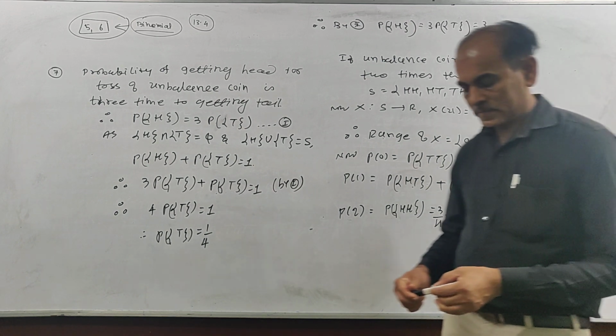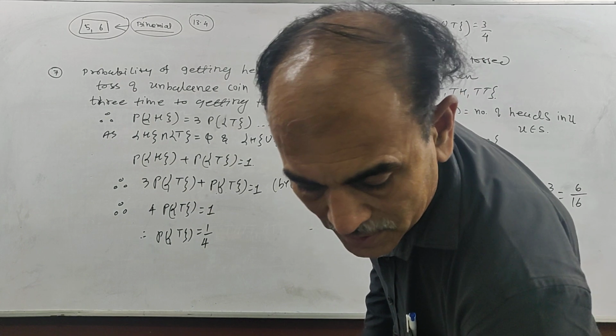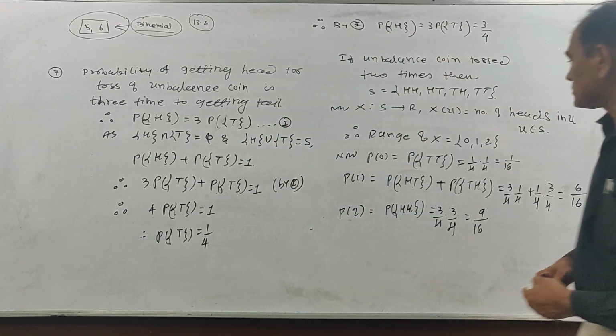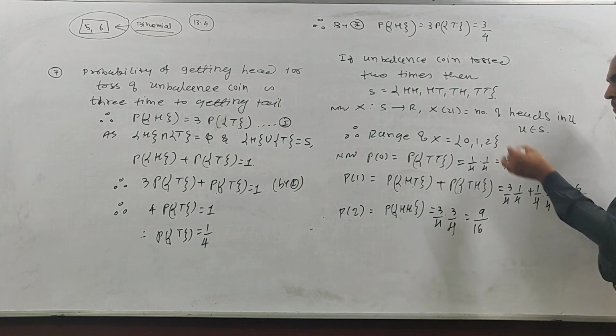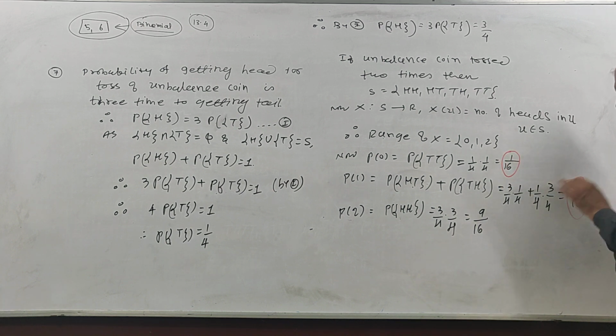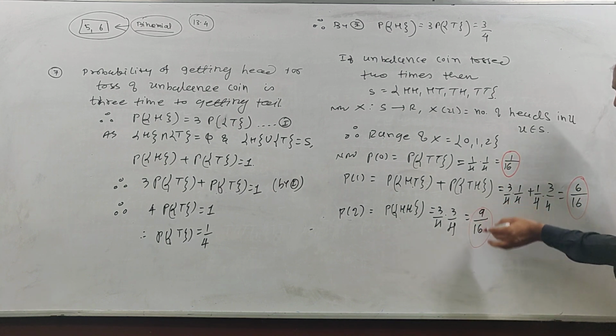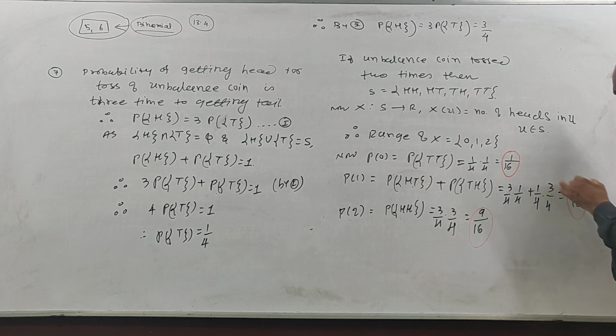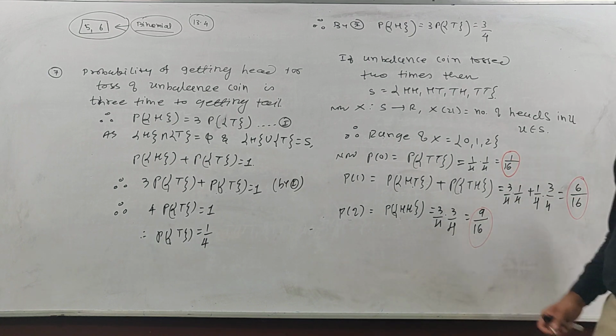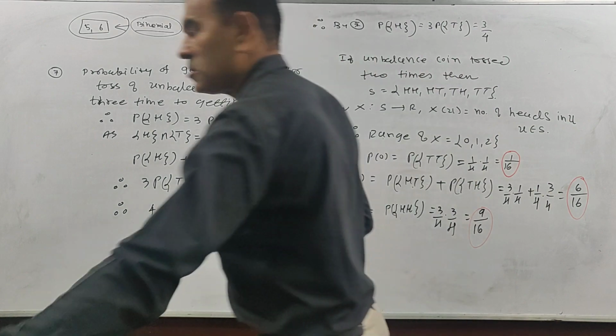Observe that P of 0 plus P of 1 plus P of 2 should be 1. 1 by 16, 6 by 16, 9 by 16: 9 plus 1 is 10, plus 6 is 16. And therefore what is the probability distribution?